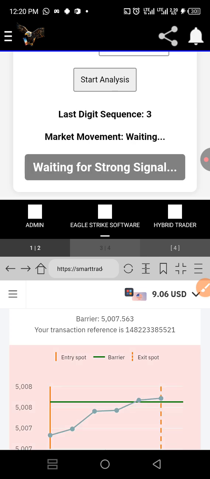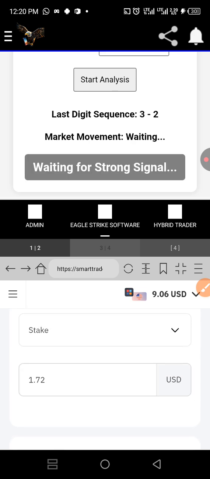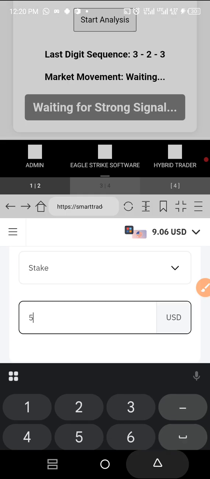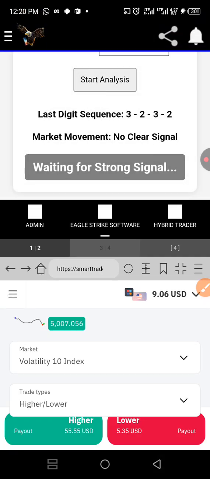Alright, so that's a losing trade, which means we lost our compounding. So we use our 5, then wait for another signal, then we strike.